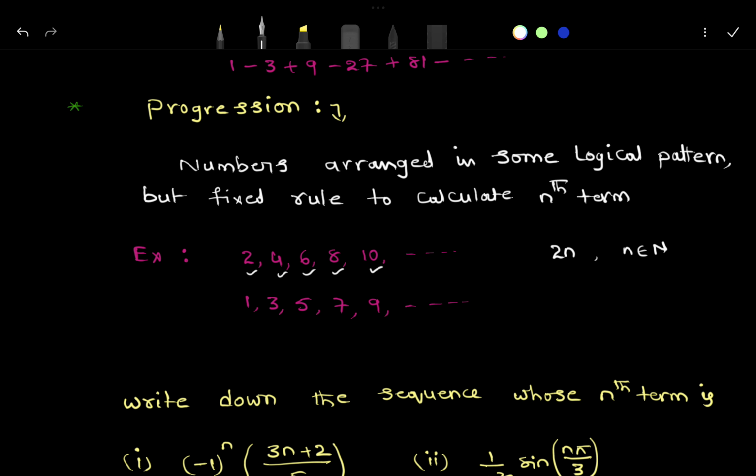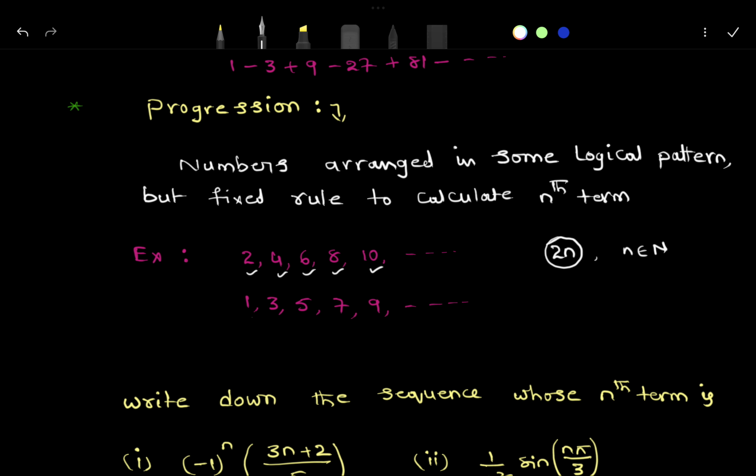Here, what is the fixed rule? 2n is the fixed rule. Observing these, they are multiples of 2: 2 into 1, 2 into 2, 2 into 3, 2 into 4, and so on. So the nth term is 2n.